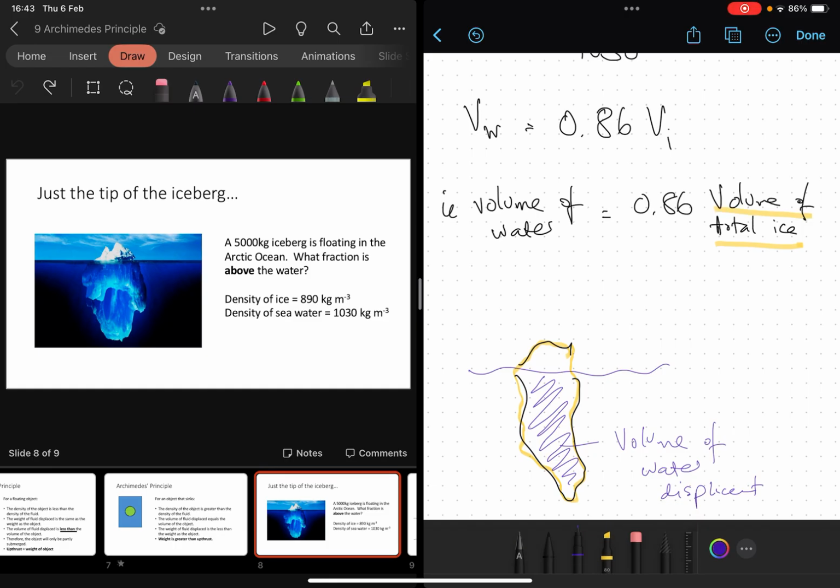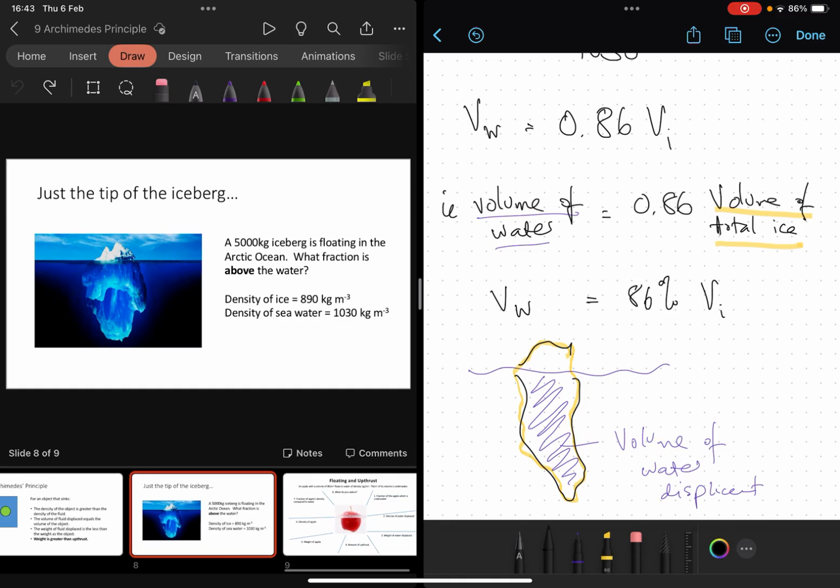Okay, so if I just color code those to link into what I've just highlighted there for you. So in other words, as a percentage then, the volume of water that gets displaced is 86% of the total volume of the ice. So in other words, 86% of the ice sits under the water and the remaining 14% is above the water.